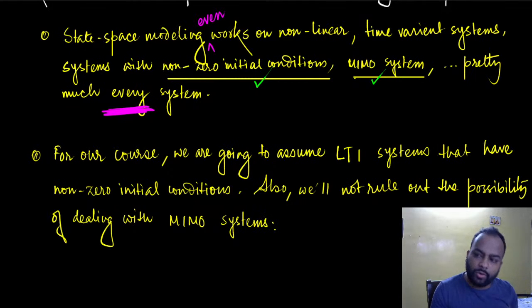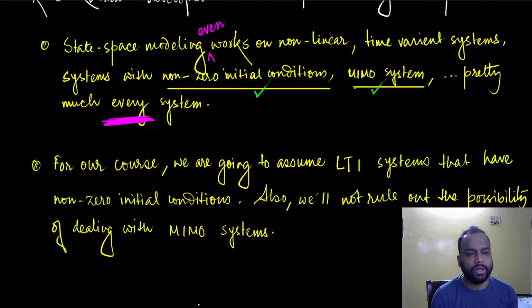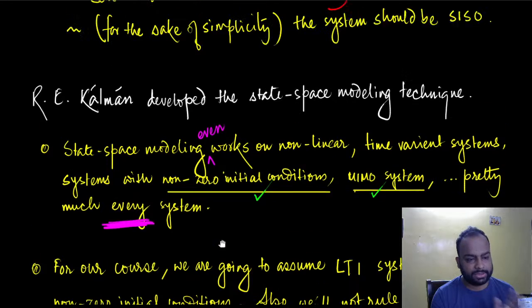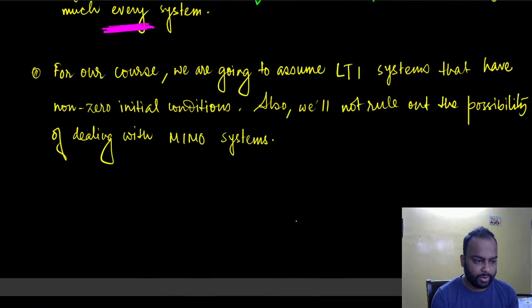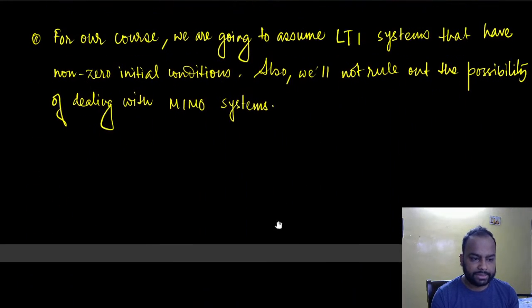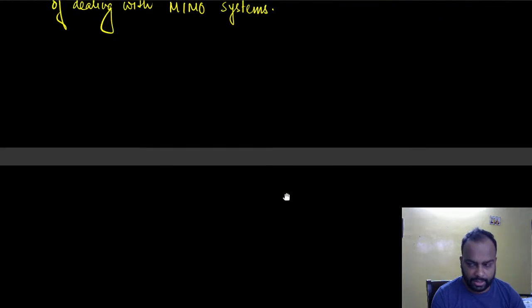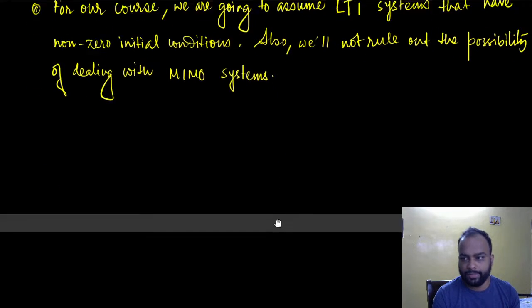So we would see a few examples of MIMO systems, but we won't be dealing with MIMO systems regularly. Okay, keep that in mind. So we should keep our expectations straight here. So we are assuming linearity and time invariance just as usual.